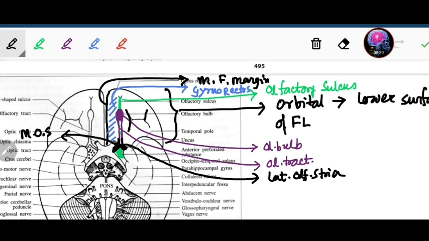It divides the rest of the orbital surface into 4 orbital gyri: anterior, posterior, medial and lateral orbital gyri. So that is about the orbital surface.